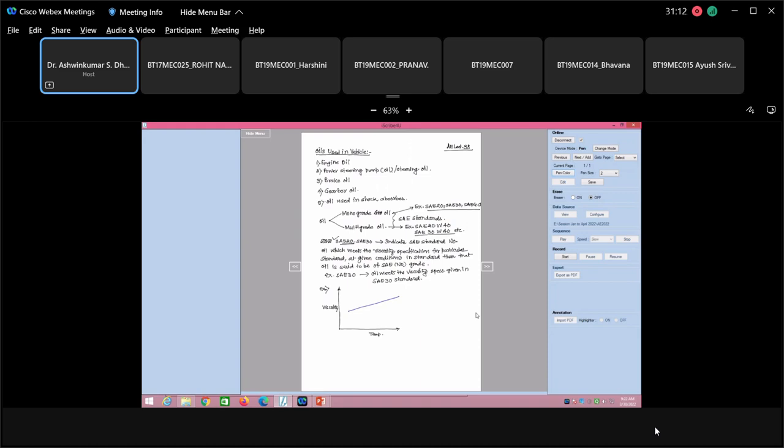This is the graph for SAE number A, and the other graph is for SAE number B. Then let us say this is 0 degrees centigrade. The temperature is increasing on this side.